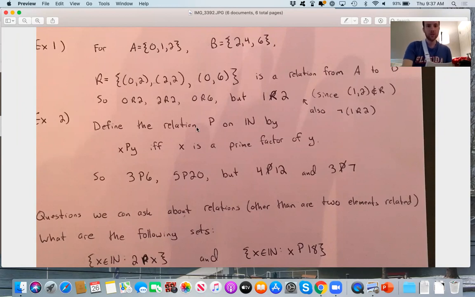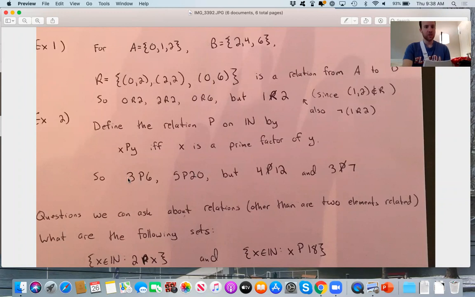So for instance, we can define a relation P on the set of natural numbers by saying x is P related to y. So that means that the pair x, y is in the relation P. And two things are related if and only if x is a prime factor of y.